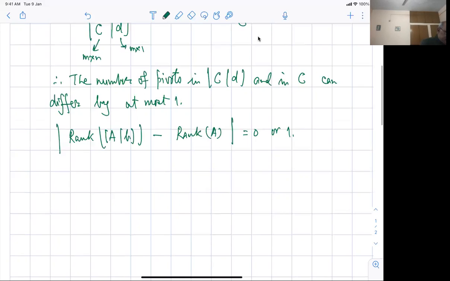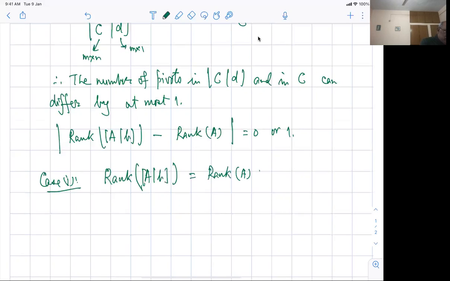Case 1: the rank of [A|b] is equal to the rank of A plus 1. This implies there is a pivot in the n plus 1th column.